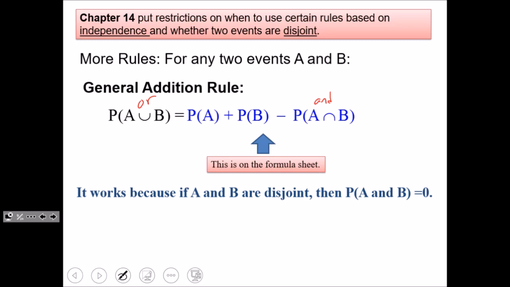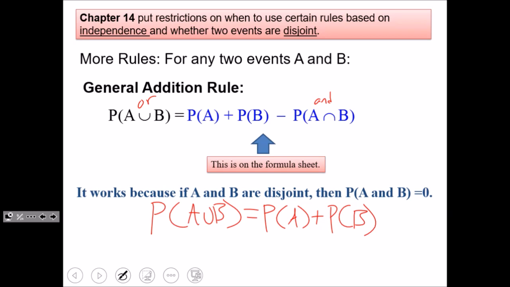So this is still the same as what we had last time, where we said we had this rule if they were disjoint, because that last one's going to be 0. But I can always use this general addition rule. I can always use this top rule. Just sometimes A and B is going to be 0.